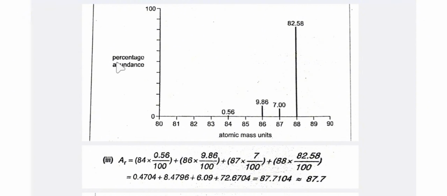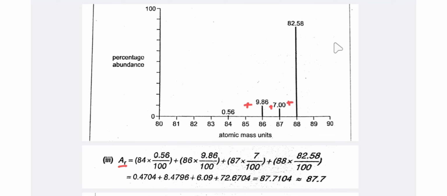From this example, we are given the percentage abundance against atomic number, so we need to find the relative atomic mass. To find it, we first calculate the total percentage. It would be 0.56 plus 9.86 plus 7 plus 82.58.